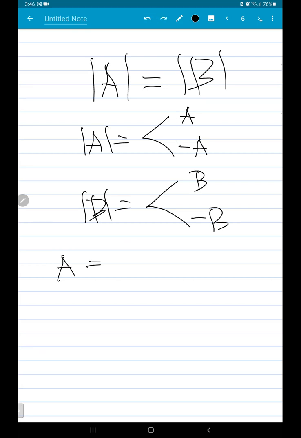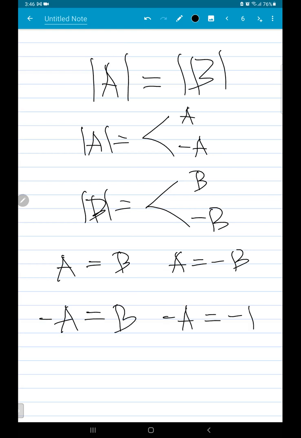The absolute value of b can be either b or negative b, right? So one case would be a equals b, another case would be a equals -b, and then you take -a for this, and you pair it, so your -a could be b, and then your -a could be -b. So it seems that there are 4 cases, but actually some are equivalent cases.